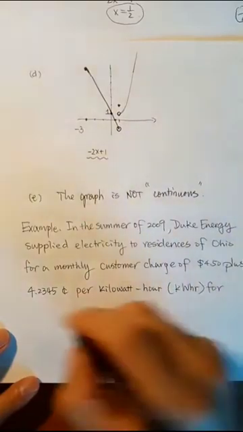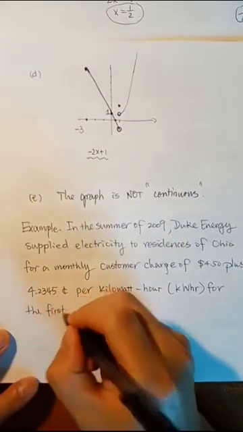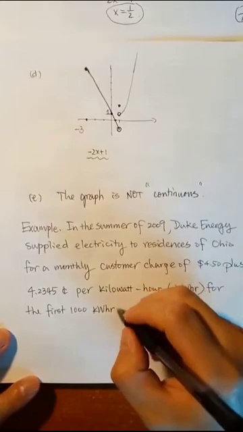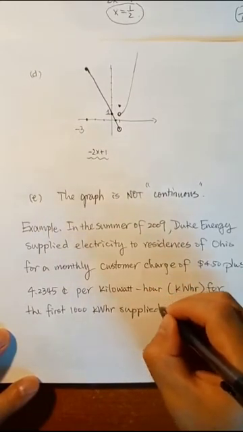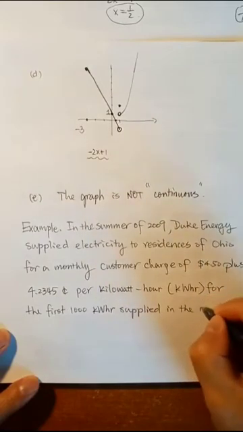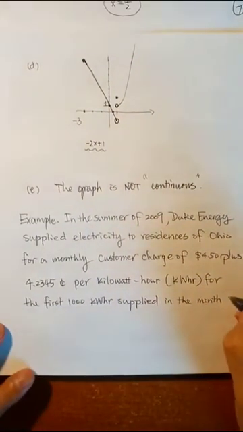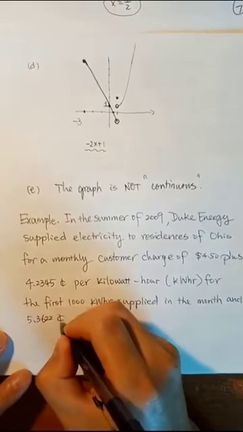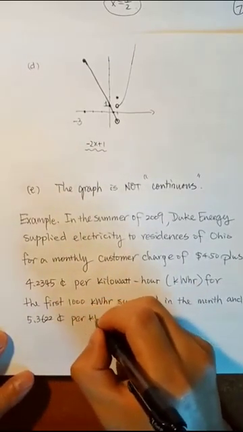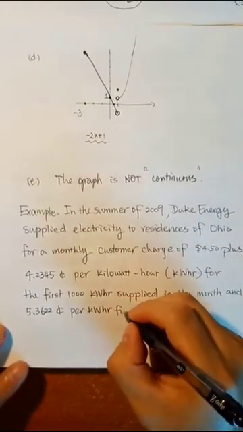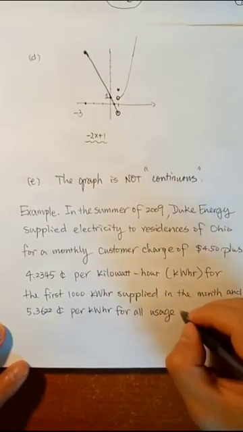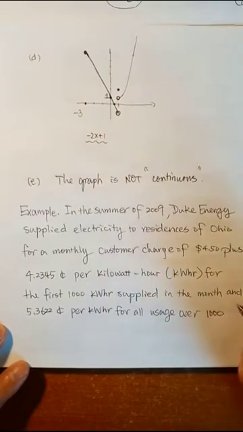For the first 1,000 kWhr supplied in the month, and 5.3622 cents per kWhr for all usage over 1,000 kWhr in the month.